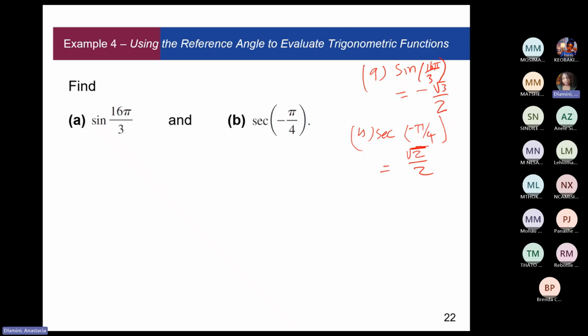Ma'am, would the answer be just root 2? It can't be root 2 over 2. So maybe it will be 2 root 2 over 2.